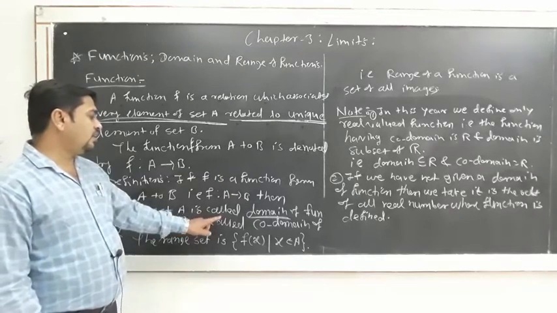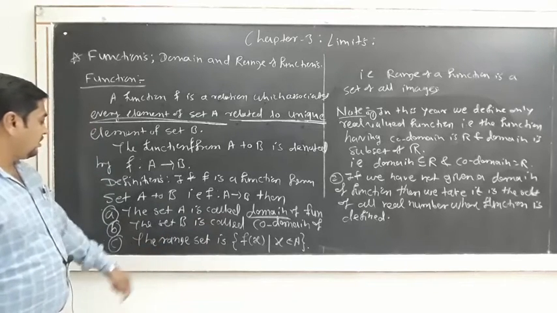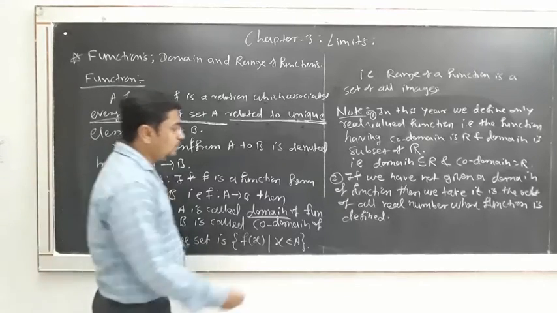So these three are very important: the set A is called the domain, the set B is called the codomain, and the range set is equal to this. We can write one more note here.